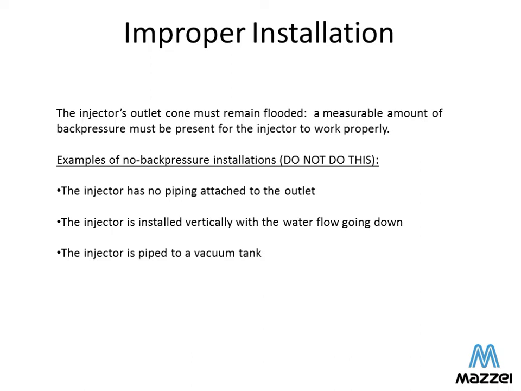The injector being installed vertically is not a problem if it's installed vertically pointing upward, but if it's installed vertically pointing downward, you may lose suction. And finally, if the injector is installed somewhere where the outlet is connected to a vacuum tank or some sort of anything that would cause the injector outlet to have no downstream pressure, these are all situations where you would want to be cautious and avoid them.